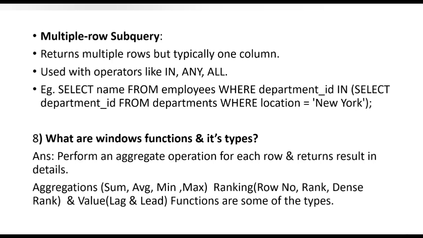The eighth question is, what are window functions and their types? Window functions perform an aggregate operation for each row, and always return detailed results. You all know that mostly we use aggregation and ranking functions. Sum, average, count, min, max are there. Again, in ranking: row number, rank, dense rank.